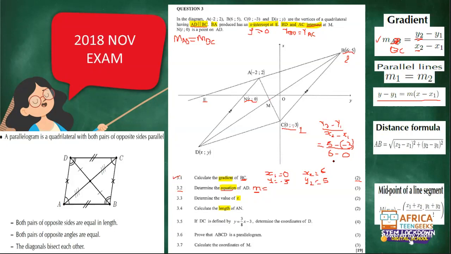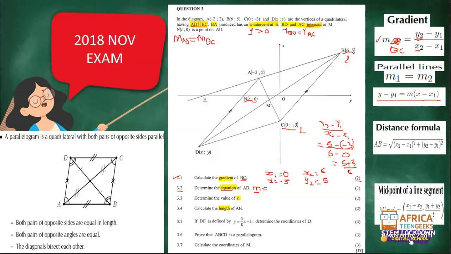So we will have 5, negative times negative is positive, and then this would be 3 over 6.